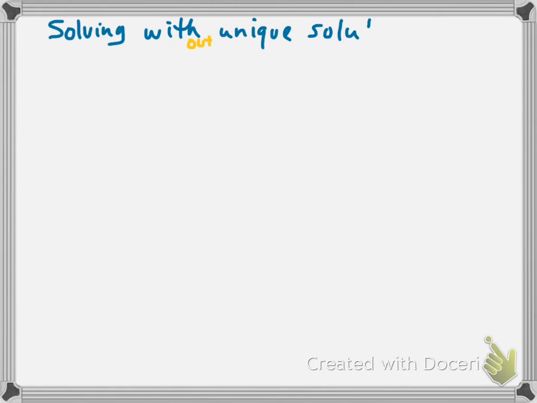Now, when we say without unique solutions, that means we're having a different situation. So we're going to cover two different types where there is no unique solution.